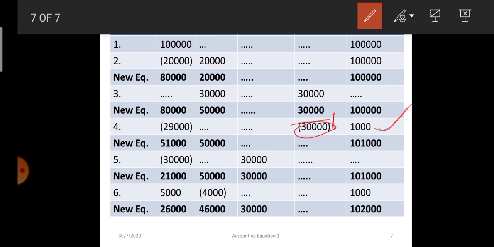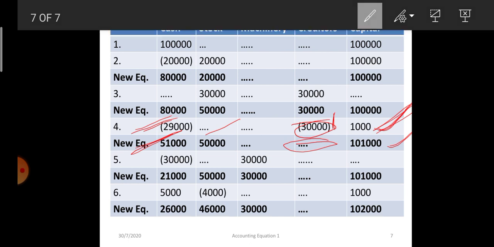It's a gain, so it will be added to the capital. And from cash we will deduct the net amount paid, that is 29,000 rupees. So check the new equation: 80,000 minus 29,000 is 51,000 rupees. Stock is unchanged, creditors is nil, and capital increased by 1,000 rupees. Find the total of both sides. It is 1,01,000 on the asset side, and on the liability side also it is 1,01,000.